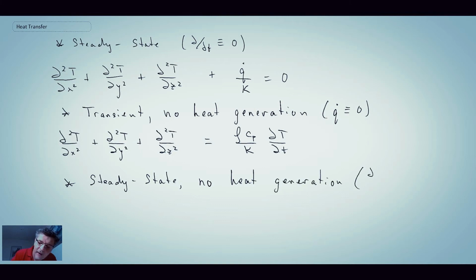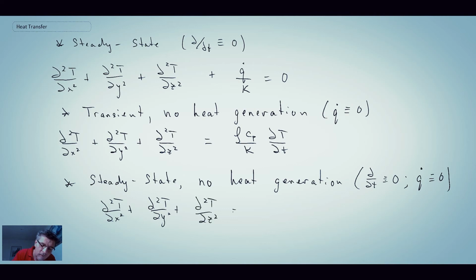That would imply the derivative with respect to time is 0 and Q dot is equal to 0. And with that, we are just left with the Laplacian, and that would be equal to 0. So that is the heat diffusion equation.